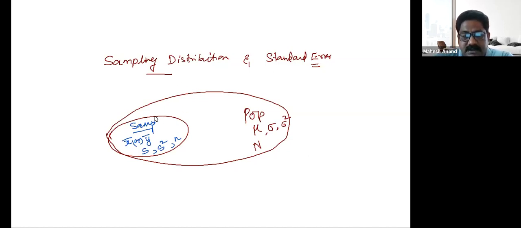The primary objective here is that we need to estimate the population parameter. The moment I use the word estimation, as I already mentioned in the earlier videos, point estimation of this mu is practically impossible. Only range estimation is possible.